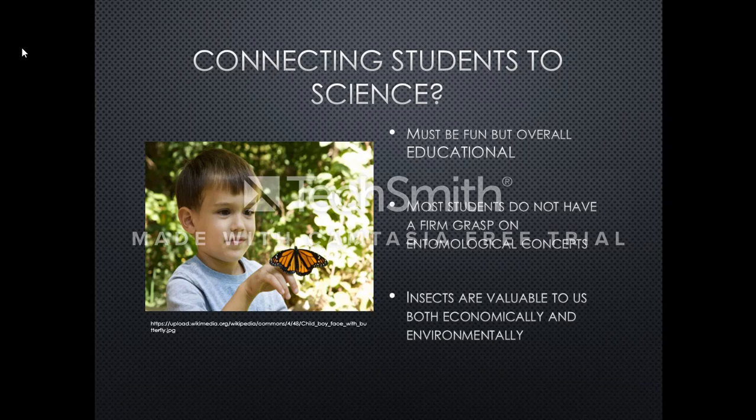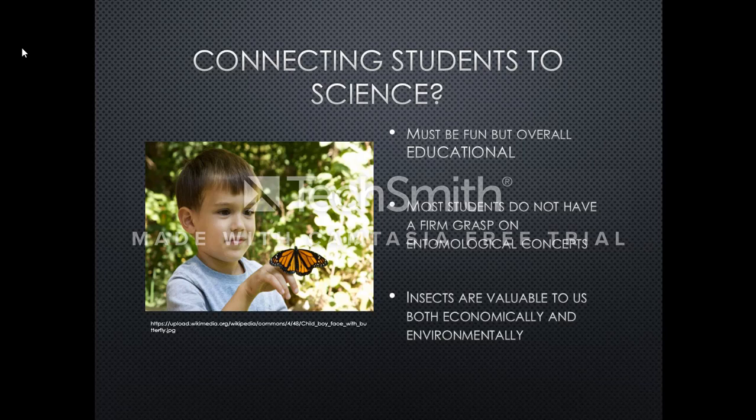But just ask simple questions: how many segments are in an insect's body, how many pairs of legs do they have, name 5 different types of insects. You use that at the beginning, the pre-lesson assessment, and then once you do your lesson, you can give them the post-lesson assessment and see what they have learned.